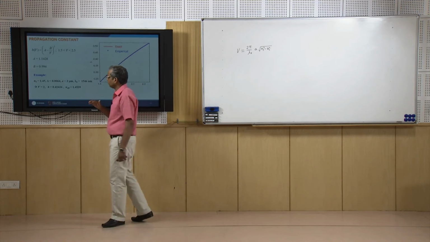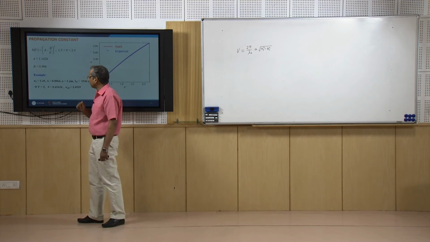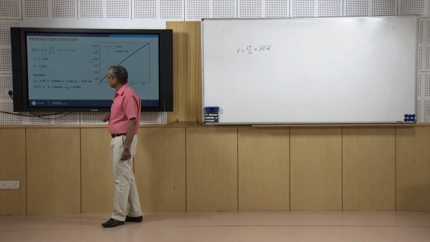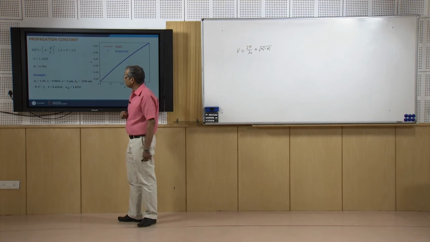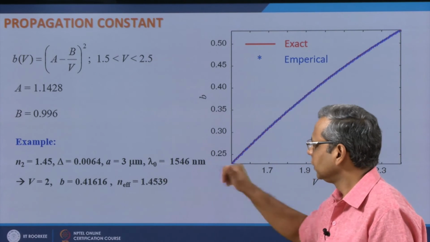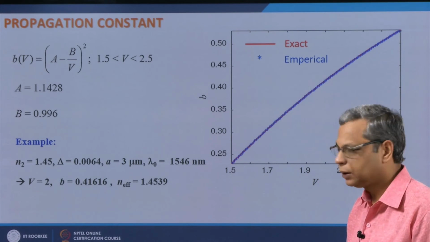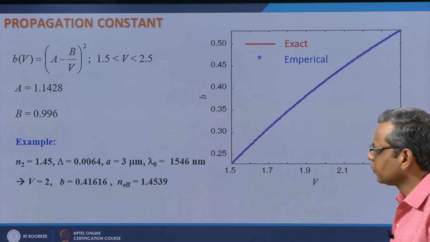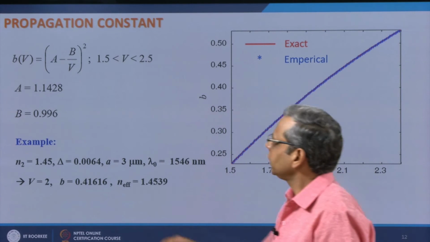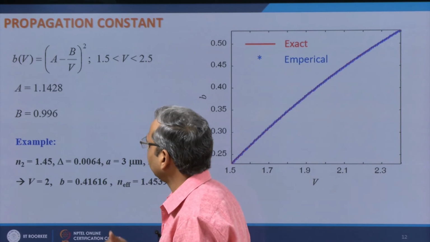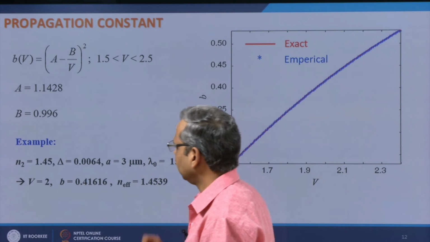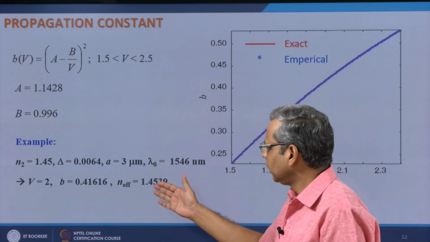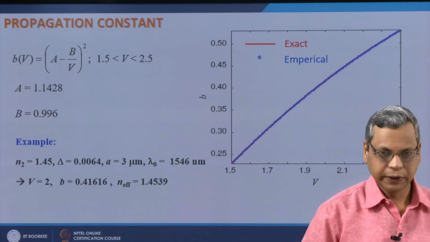For example, if I have a fiber with n2 equal to 1.45, delta equal to 0.64%, a equal to 3 micrometer, and I consider a wavelength of 1546 nanometer, these values correspond to a value of V which is 2, and if I put it here, I find out the value of B immediately as 0.41616, and from there I can extract the value of n effective.